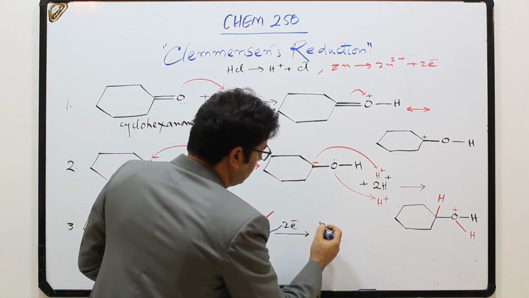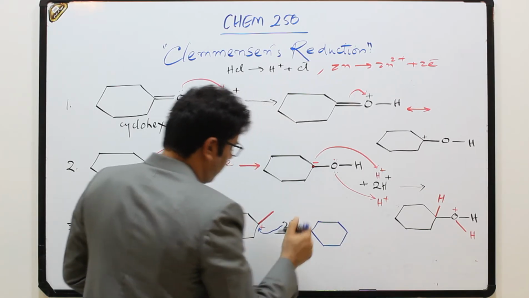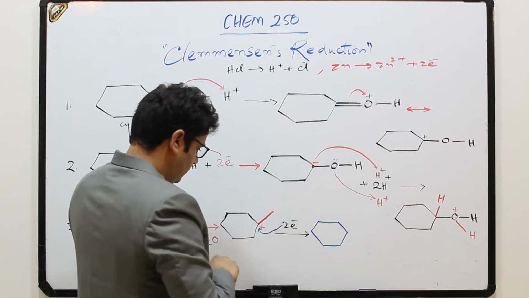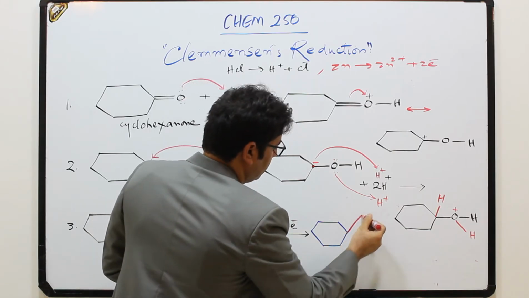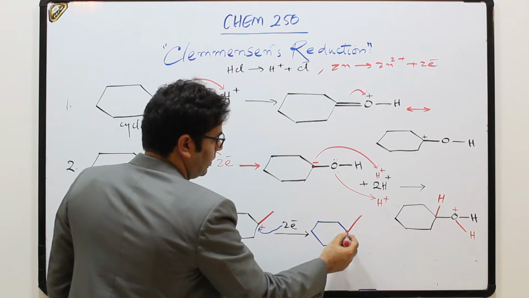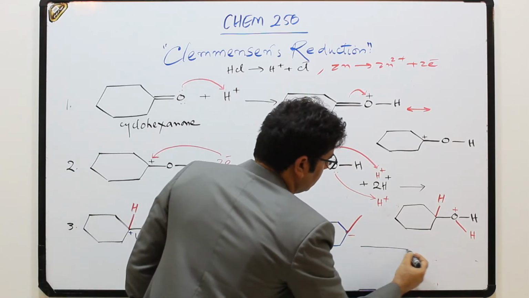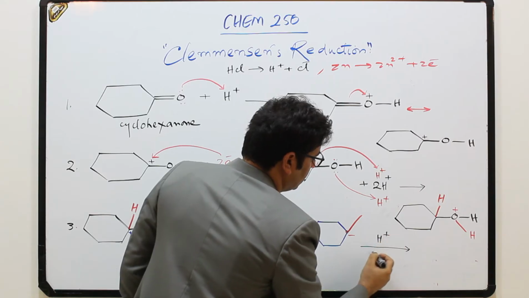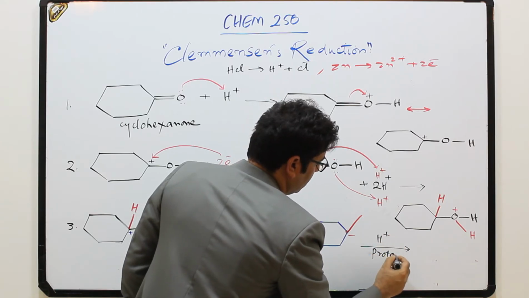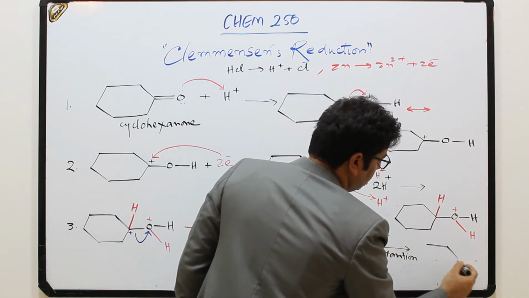After attacking here, they will give negative charge on the carbon. This carbon, after getting negative charge, there will be protonation with H positive. What will be the result?